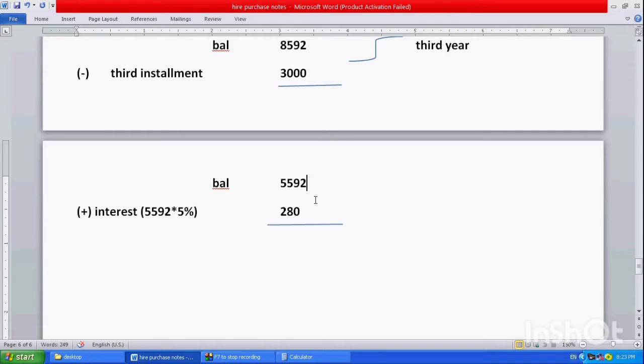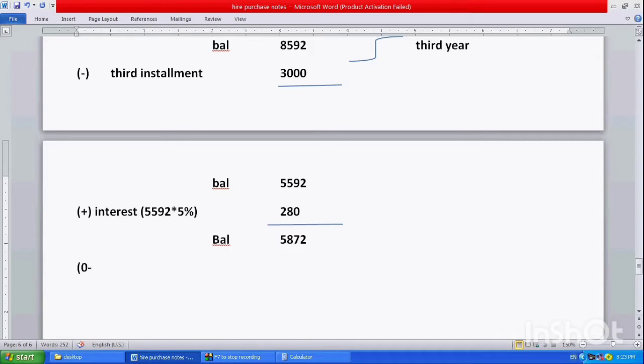So after adding this 280, means adding this interest to balance, because the balance we have to repay to the vendor plus interest also we have to repay. So after adding, how much are we getting here? 5,872 we are getting. Okay, now pay the fourth installment.